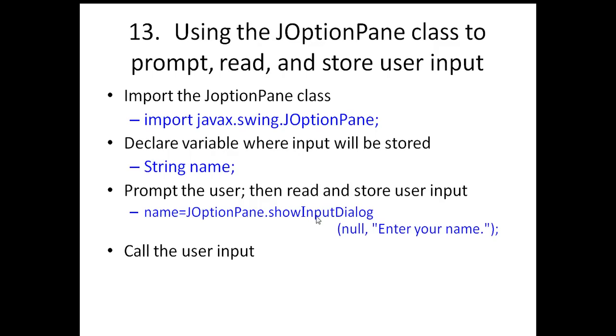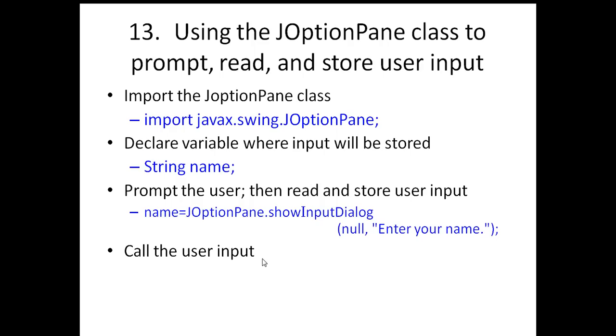So it's very important that you distinguish between showInputDialog and showMessageDialog. ShowInput is for getting input, of course, from the user. Everything else is the same as the show message. The only thing different is you have a variable that you're going to store input in at the beginning, and you have the word input here instead of the word message.